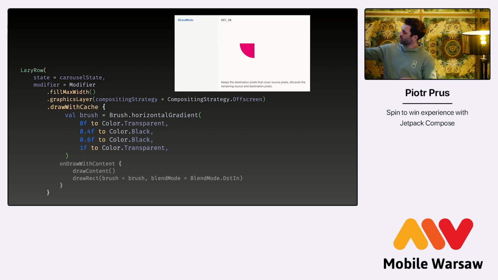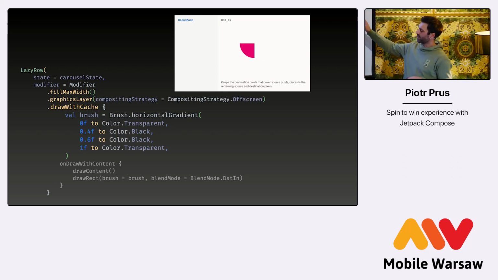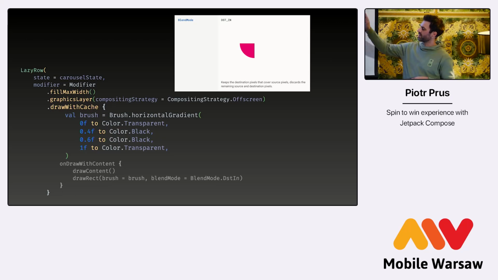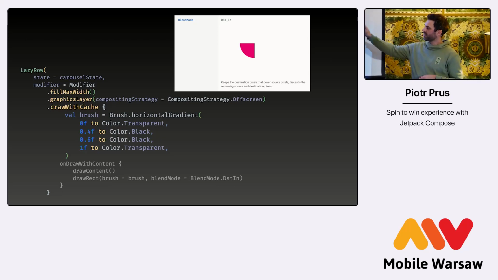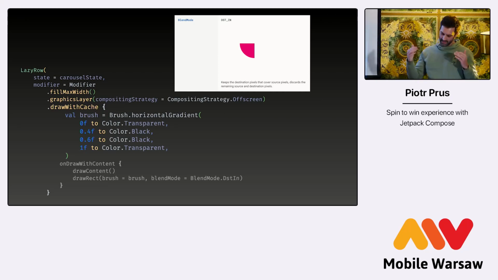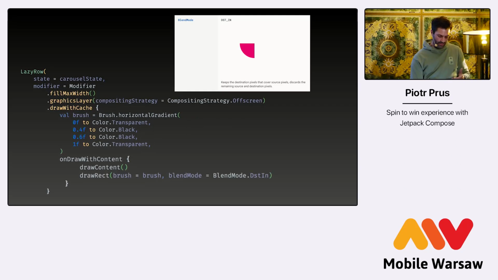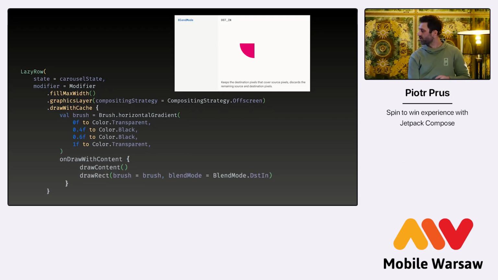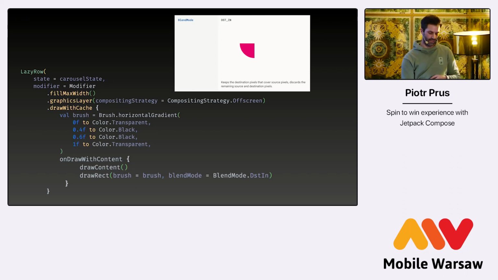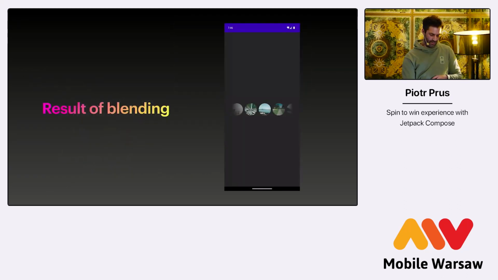So it starts from transparent, goes to black, and then from black to transparent, which means that the left side till the black will be dimmed, and then it's full opacity, and then it will dim again on the right side. And then I'm drawing everything, so content first, and then I'm drawing my rectangle, using the brush with the gradient. And the result of that is, as you can see, that on the left and on the right side we have nice fade out, dim.